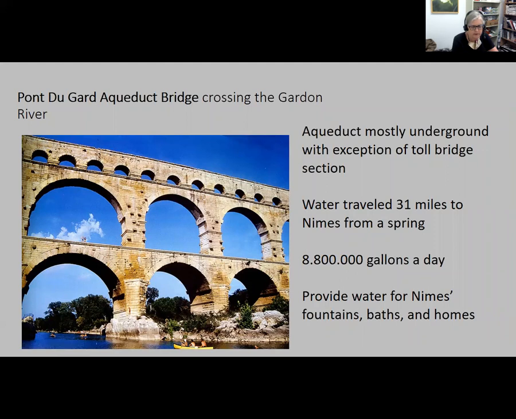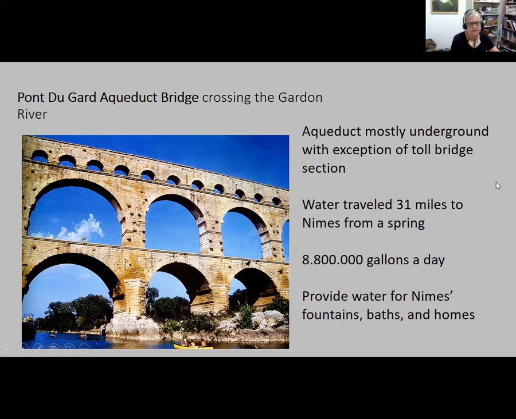One example that really shows the great distances and the great importance of the arch are things known as aqueducts. This is the Pont du Gard aqueduct bridge in France. And this was built by the Romans because they colonized all over this area.